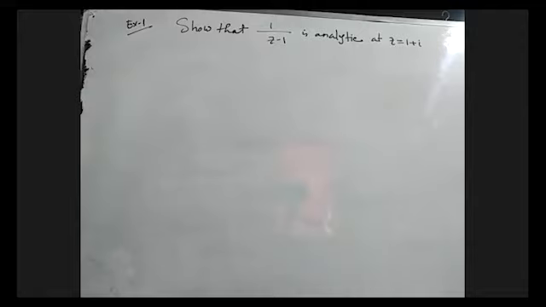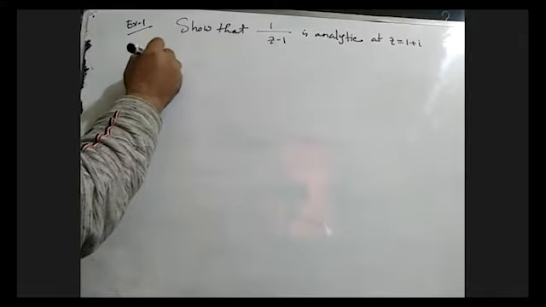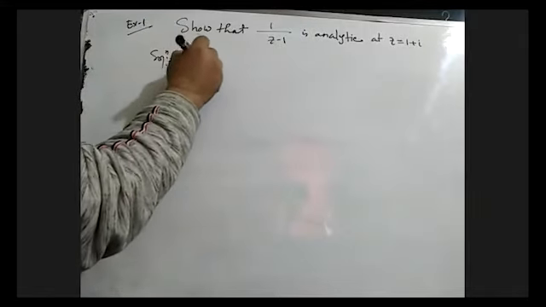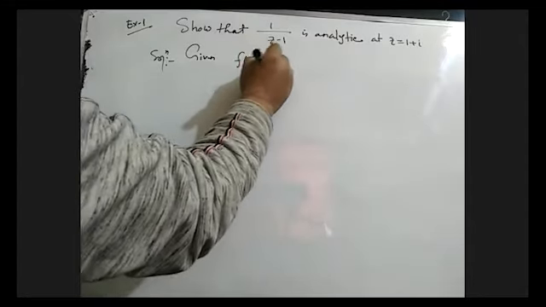This is a complex number, and f of z is a function of a complex variable. So the solution: given the function of a complex variable, f of z equals 1 by z minus 1.